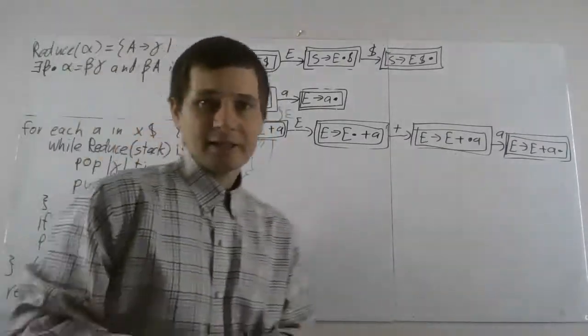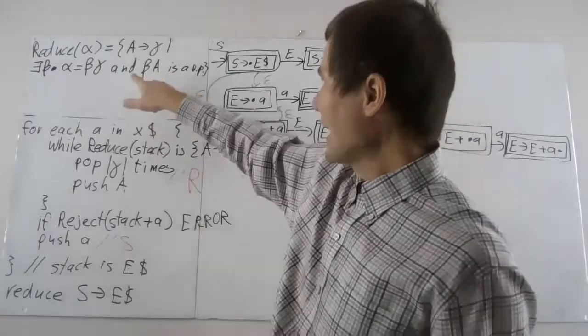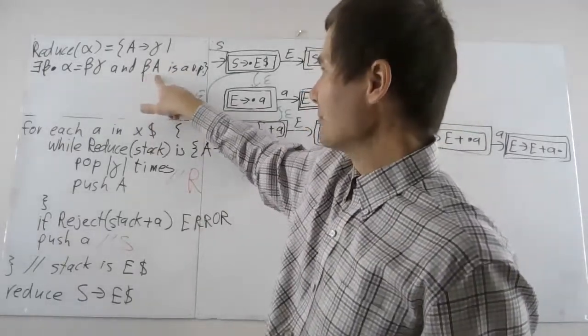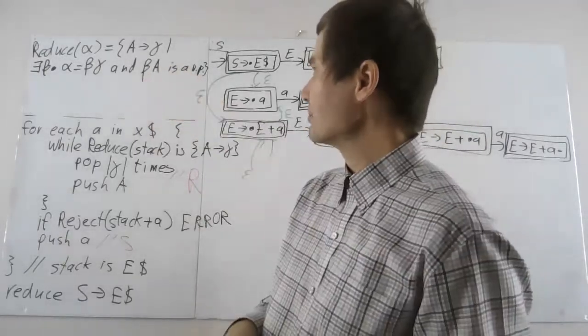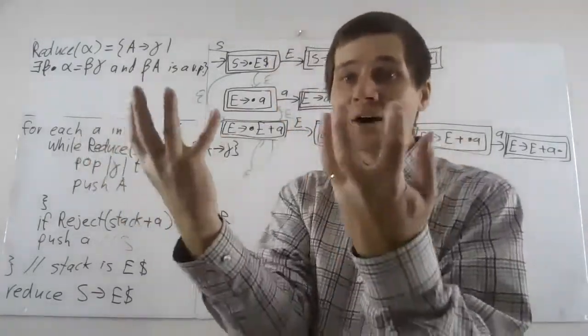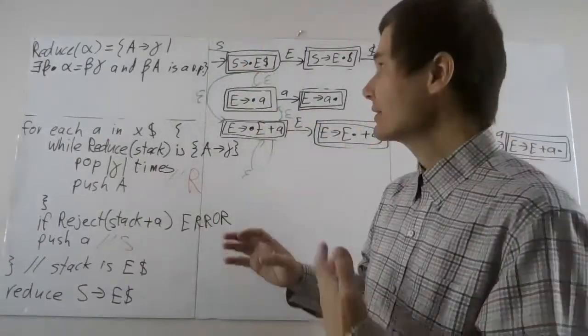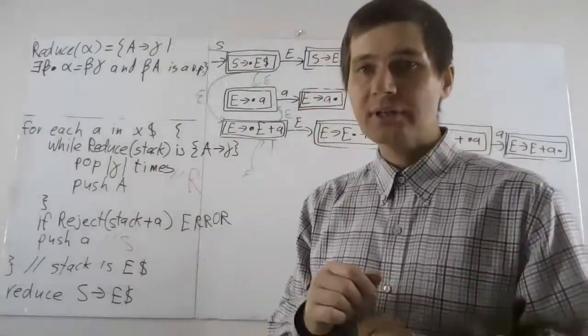All right. So that's what we had before. So the idea is that if I go ahead with this reduction, then after the reduction, the stack is going to be beta A, and I want that to be a viable prefix. And so now the question is, how do I use this NFA to decide when to reduce, right?